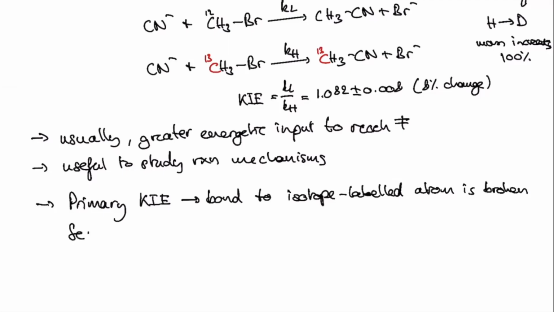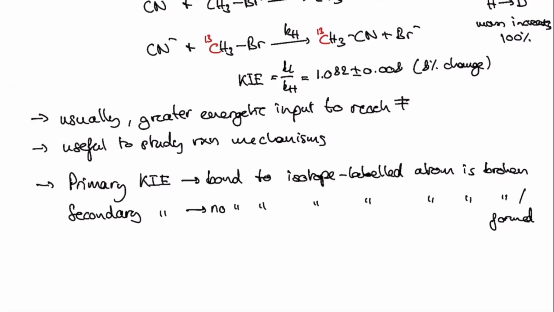And then you have the secondary kinetic isotope effect. That means no bond to the isotope labeled atom is broken or formed, right? So the secondary kinetic isotope effect is much smaller.